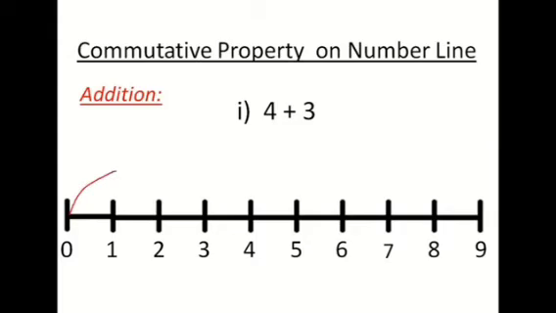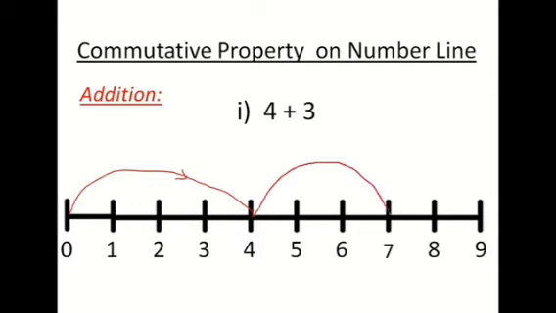From 0 I have to reach 4 first. So, I have reached 4. After 4, what do we have to do? We have to go for another 3 steps. From 4, 4 to 5, 5 to 6, 6 to 7.